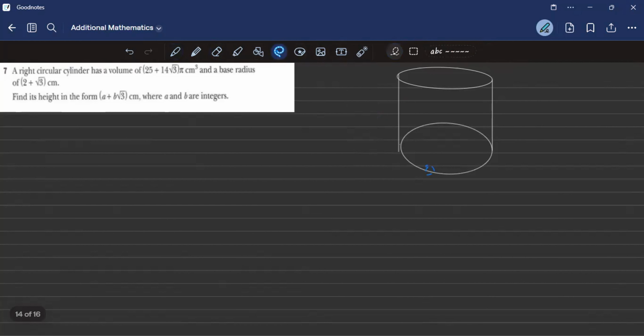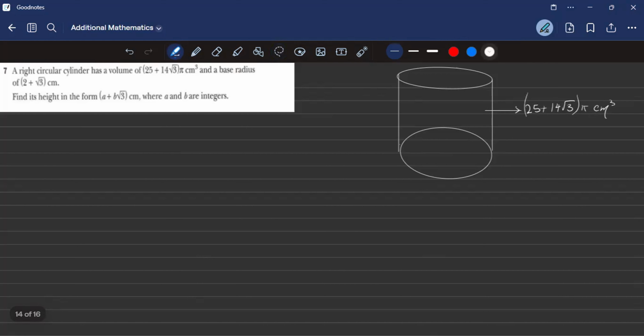Okay, that's okay. So now the thing is, they've told us there's a right cylinder which has a volume of 225 plus 14 under root 3 pi centimeter cube.